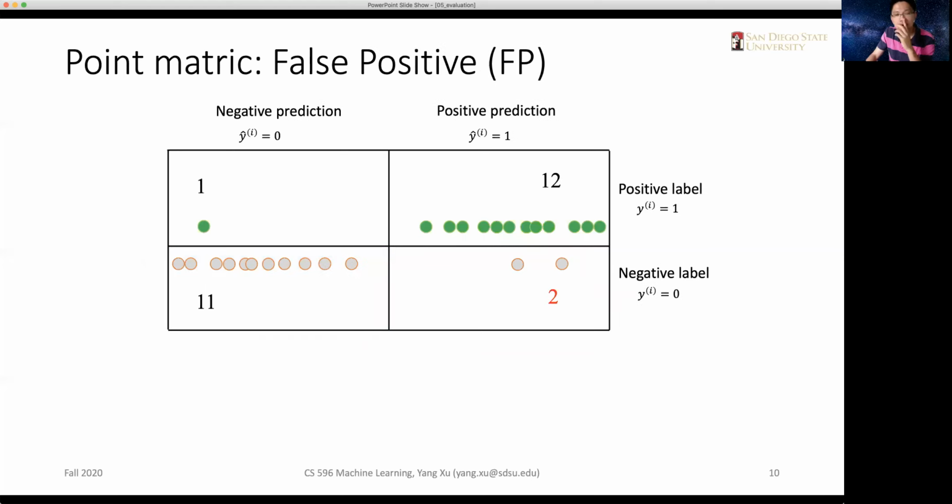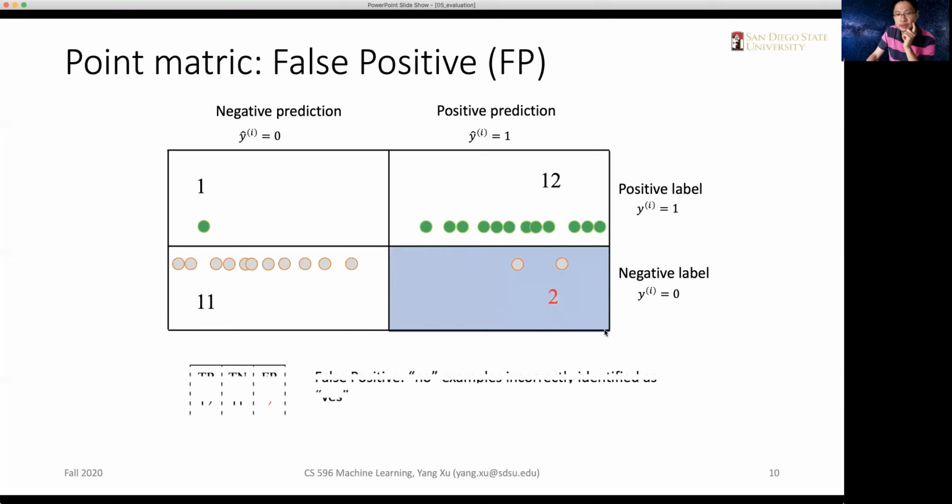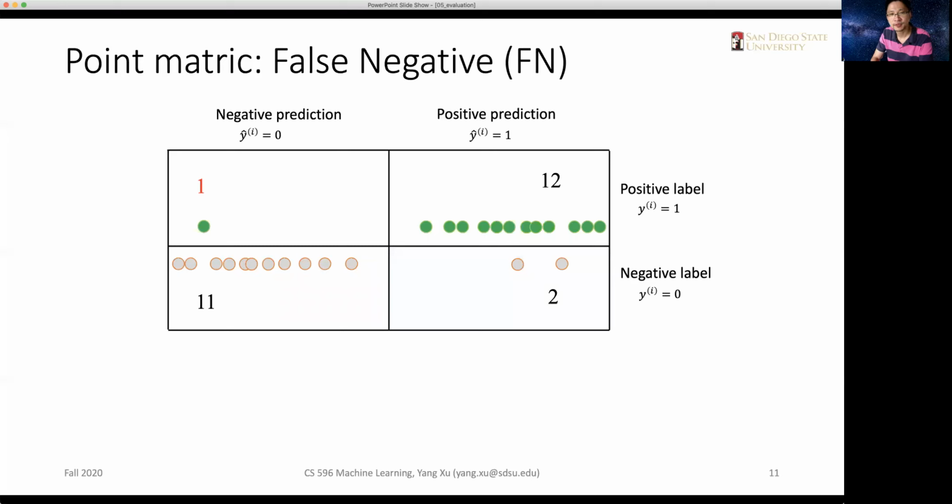And next, false positive. It is indicated by the red number here. It is the negative examples that are incorrectly identified as yes. It's a kind of false alarm. Nothing happened, but the alarm says there's something happening. So that's the false alarm. False positive here. And also false negative.